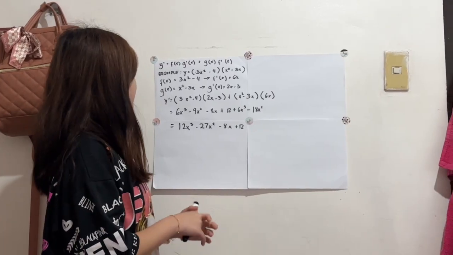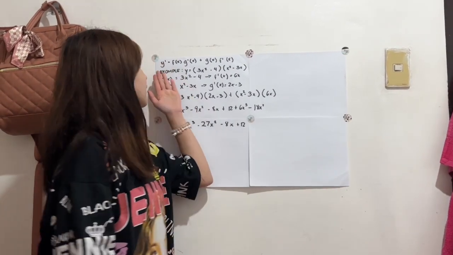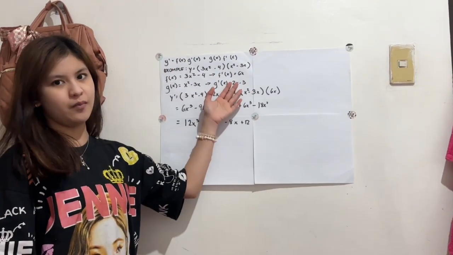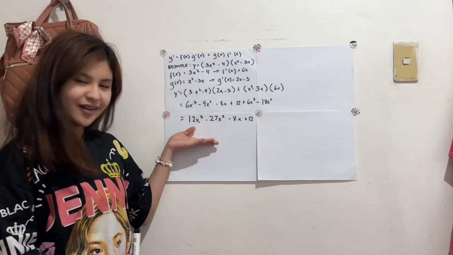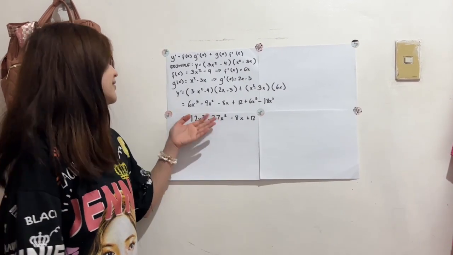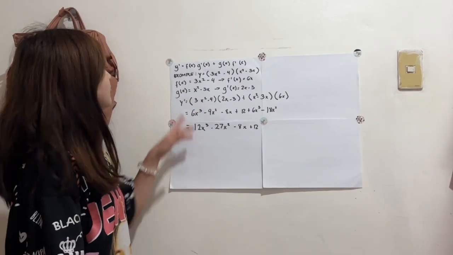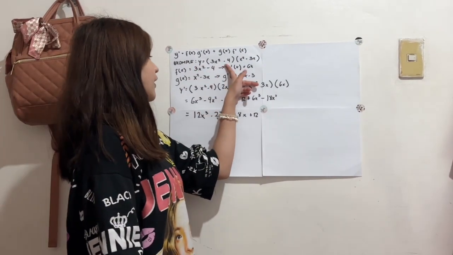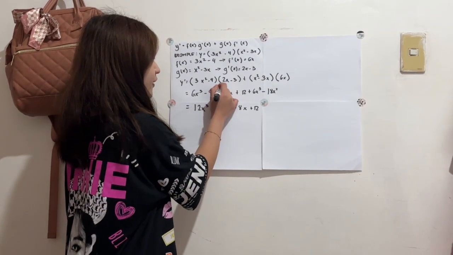Hi, so this is the first example of product rule. So, kita niyo naman, ito yung formula natin, and then this is our example. So, first, para makuha yung sagot, kailangan muna natin hanapin yung derivative ng first equation, which is yung letter F. So, 3x squared minus 4.